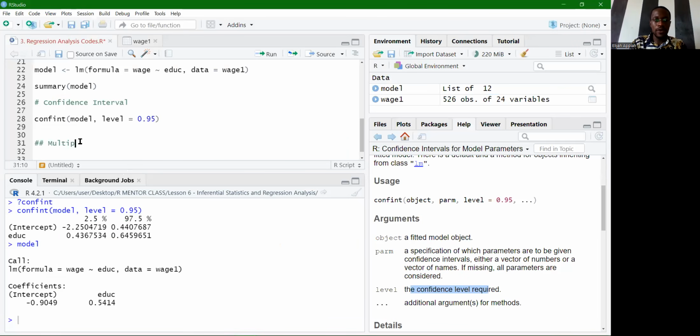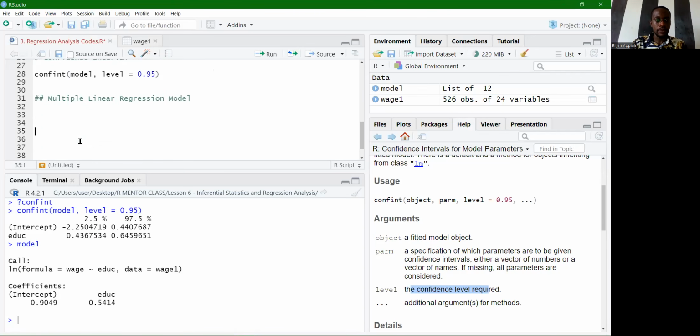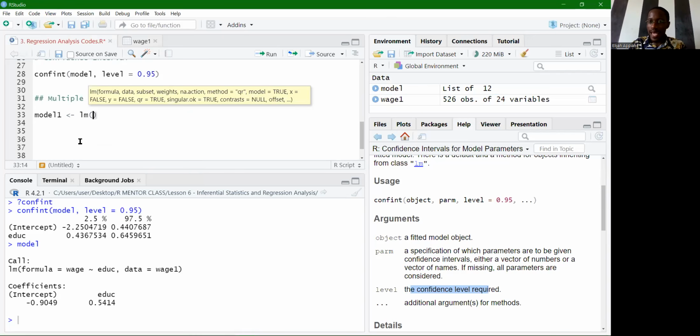This time around, we are looking at a multiple linear regression model. We're just going to name this one model 1. Then we'll use the lm function where our formula would be wage regressed on education plus experience, and then our data argument set to the wage1 data set.